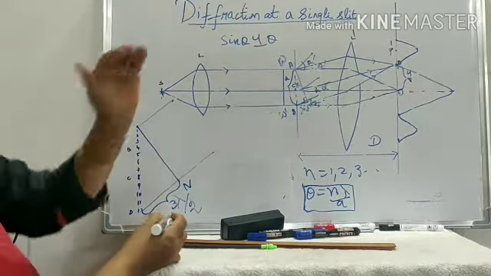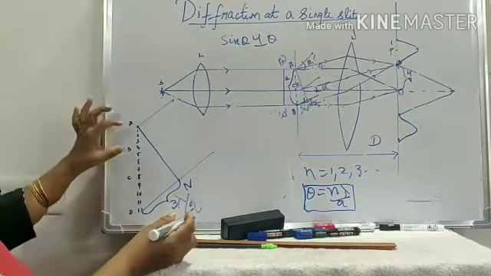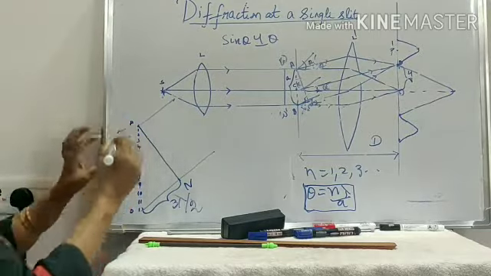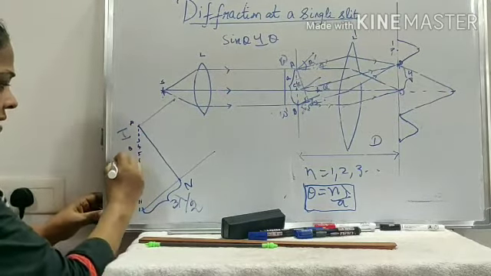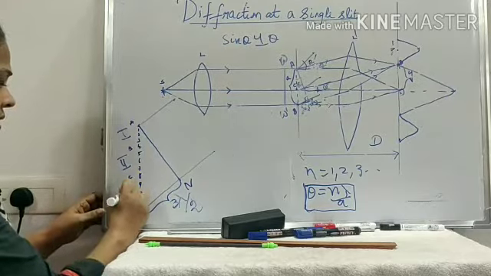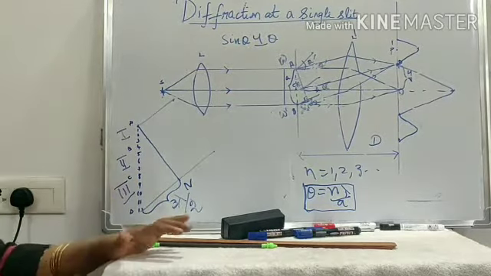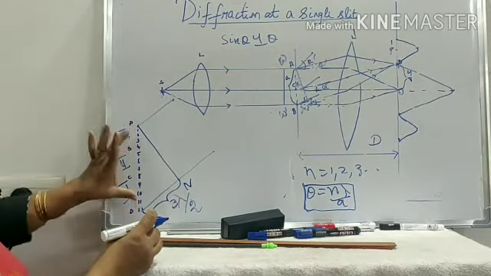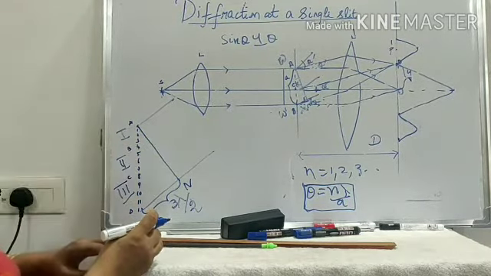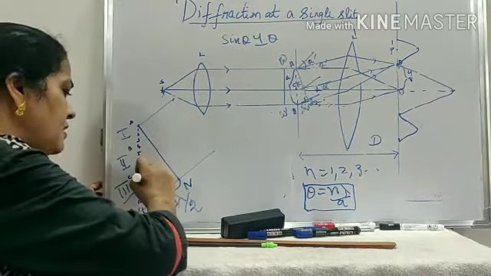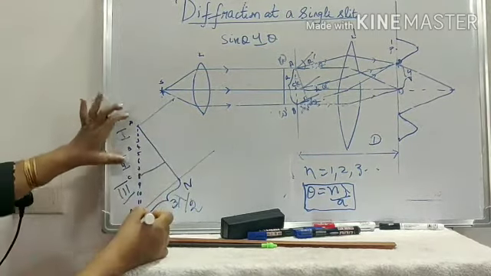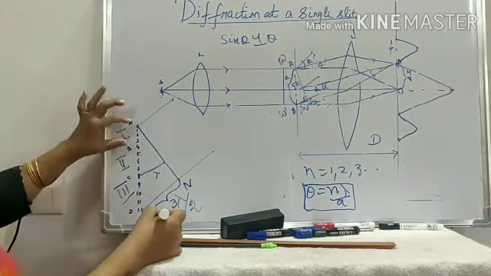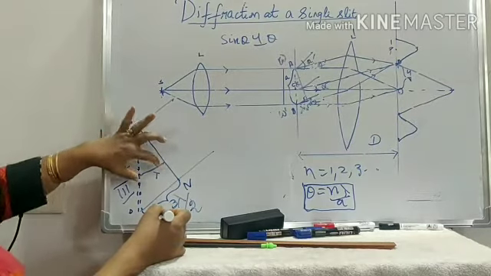Now, how will you find the condition for P dash? For this, we divide the slit into 3 equal parts. That is 0 to 4, 4 to 8 is the second one, and the third one is 8 to 12. If the path difference between 0 and 12 is 3 lambda by 2, what is the path difference between 0 and 8? It has to be lambda.